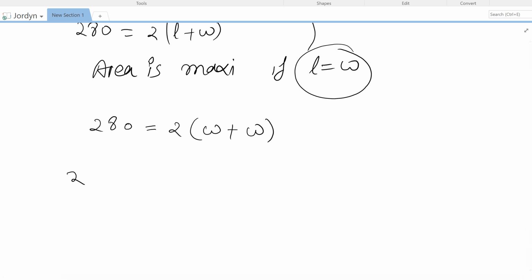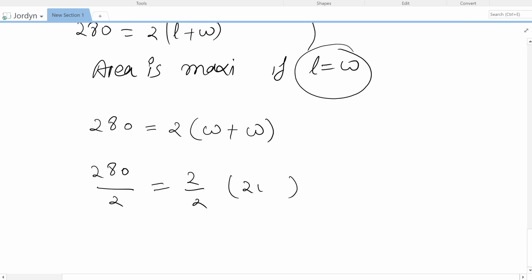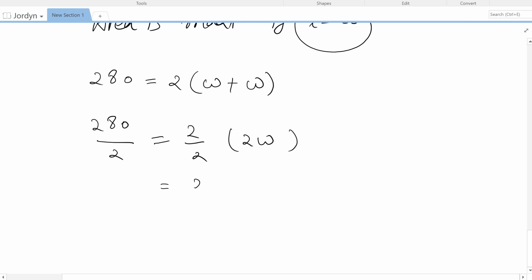And we use simple algebra. We divide both sides by 2, so this 2 is going to cancel, and W plus W is 2W, right, Jordan? Yes. Now 2W, 280 over 2 is 140. Now we divide by 2 again because we need W, on the right side and left side as well. So we got W equals 70.